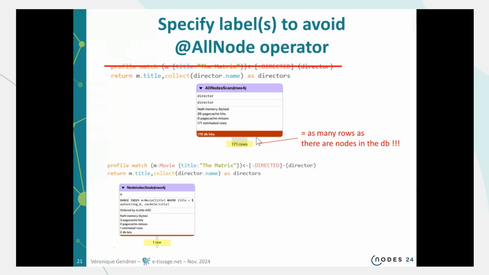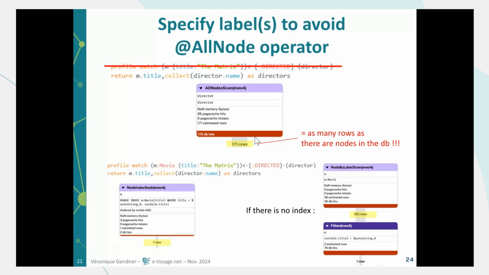So we should really use at least one label so the planner can use an index if there's one on the property you're filtering with, or worst case scenario, if there's no index, it will use a node by label operator that will at least reduce anchor nodes to the nodes with the specified label before filtering down according to the property. The second reason it's a good idea to specify labels is for readability of your queries.